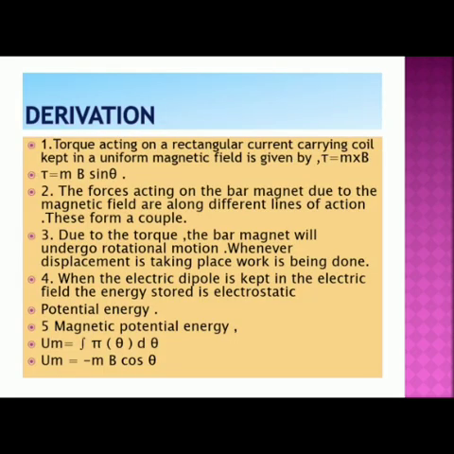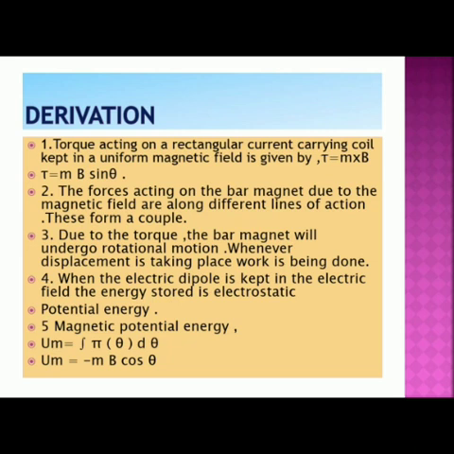So when I talk about the derivational part of this, we could see that in standard 11th you have all already studied that tau is equal to m multiplied by capital B, that is the magnetic moment multiplied by magnetic induction. Let us move on to the derivational part of this torque acting on a magnetic moment.